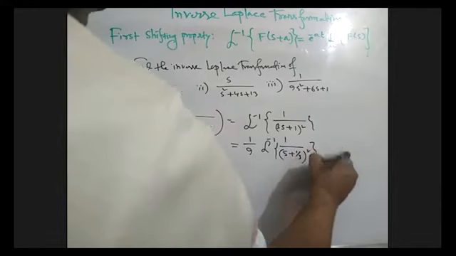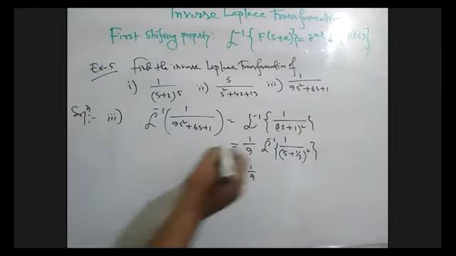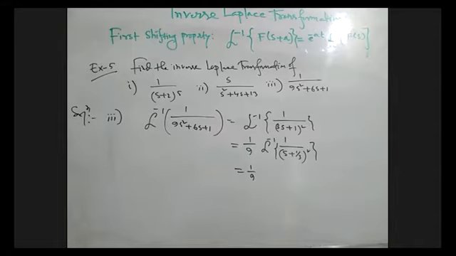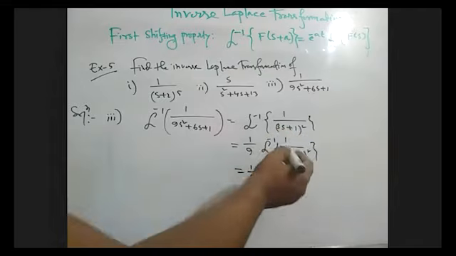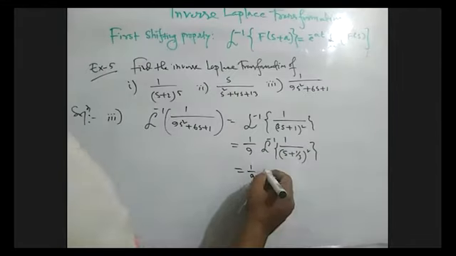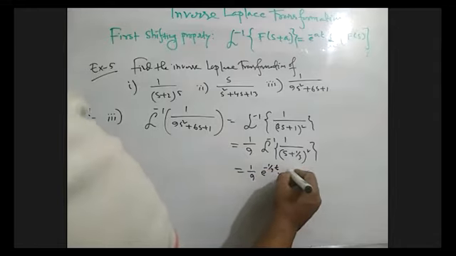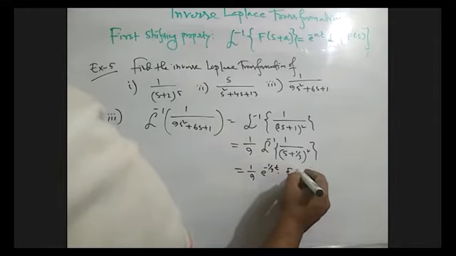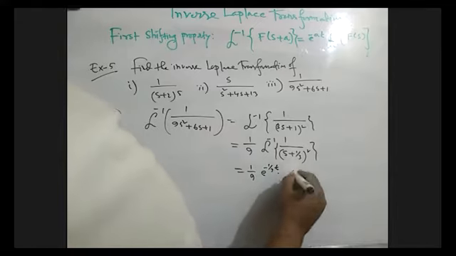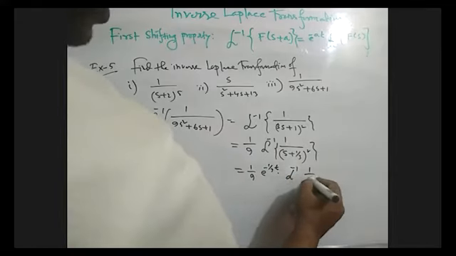So this means 1 by 9 times the inverse Laplace transformation, by using this shifting property, where s plus a becomes f of s, that means e to the power minus 1 by 3 t times the inverse Laplace transformation of 1 by s square.